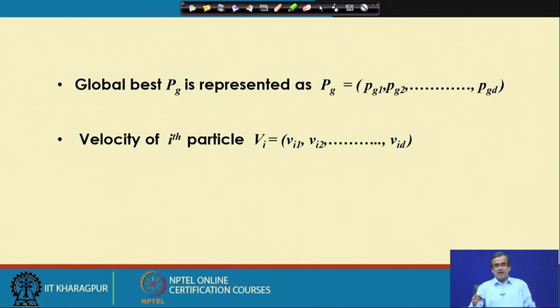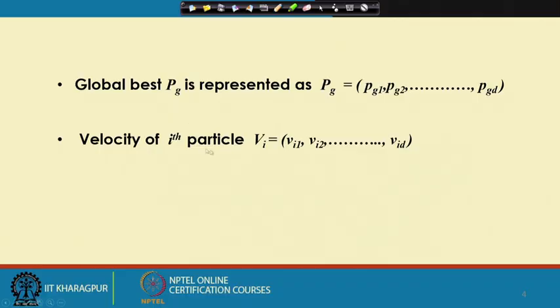Now, what we do is initially assign some velocity and position to the particle and then we try to update their velocity and position through a large number of iterations.